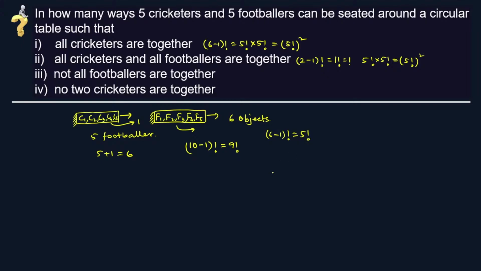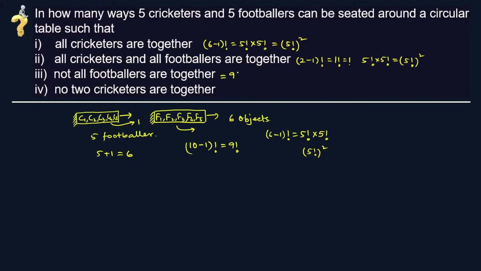And in every arrangement, these 5 footballers can arrange among themselves in factorial 5 different ways. Therefore, the total number of ways in which these 5 footballers will be together is factorial 5 into factorial 5, whole square, right?